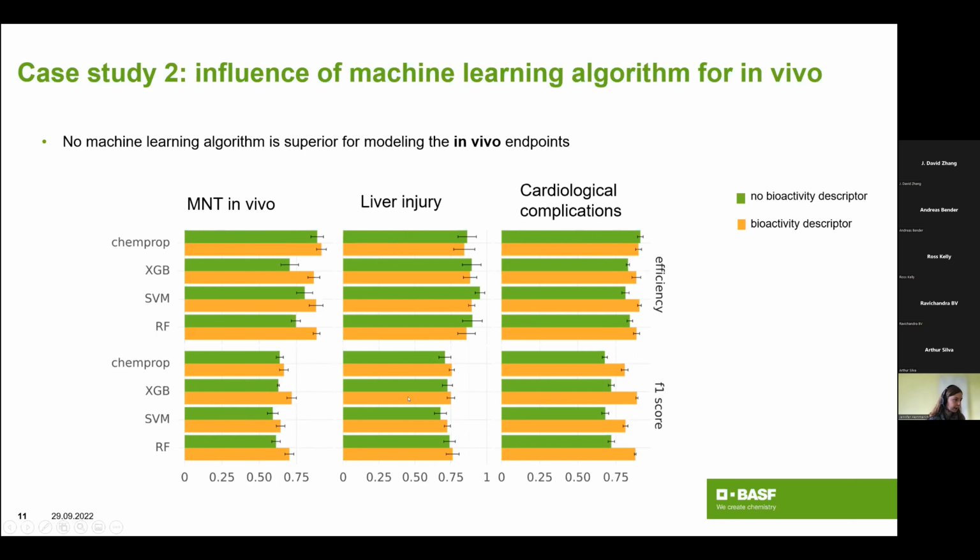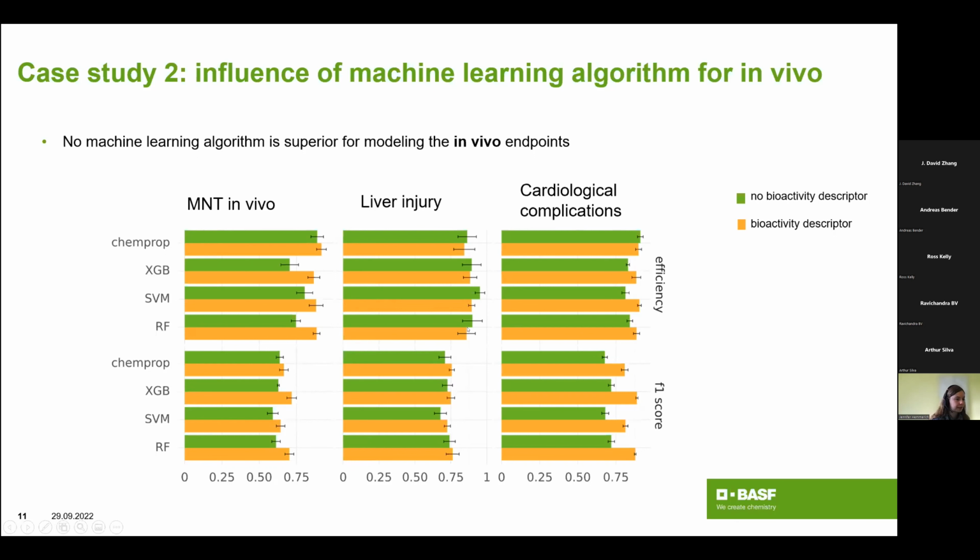Again, I was hoping that maybe the ChemProp model, the neural network, was a little bit more performant when it comes to liver injury. But you see it's in the range of the other models, so there's no performance boost.